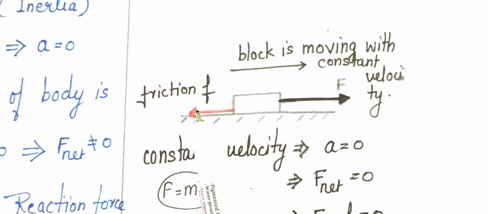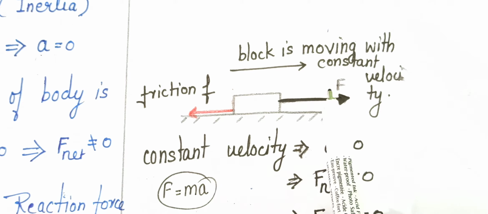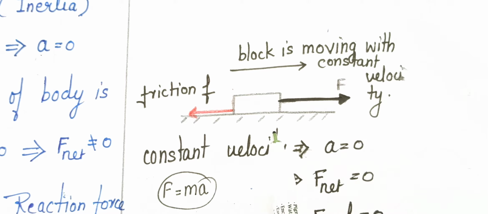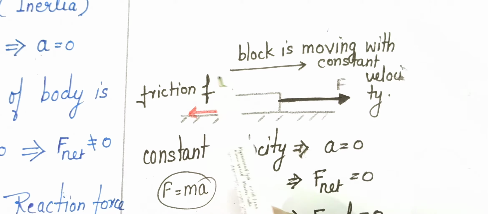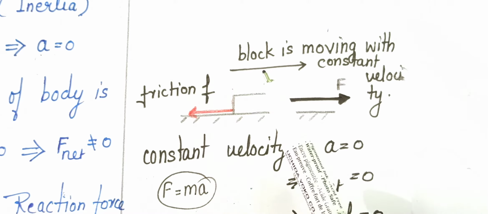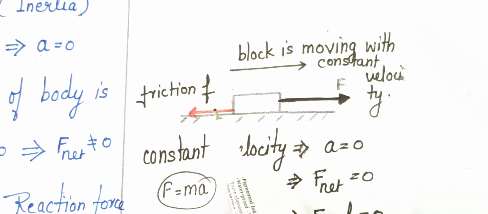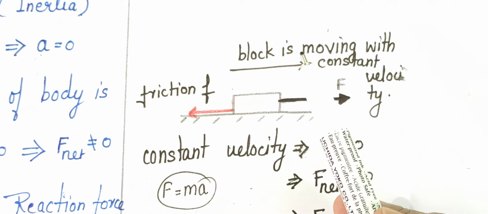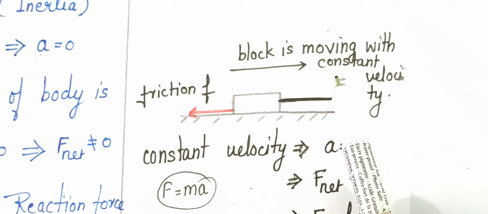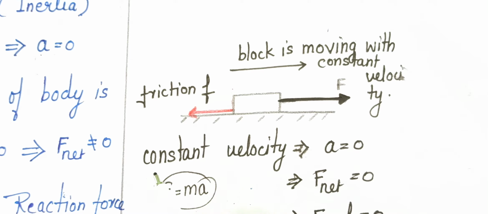So let me see what is the net force acting on this block. The force F which is driving it in the direction of motion, and the frictional force which is opposing the motion. So obviously, since the two forces are acting opposite to each other, the resultant force will be one force minus the other force.